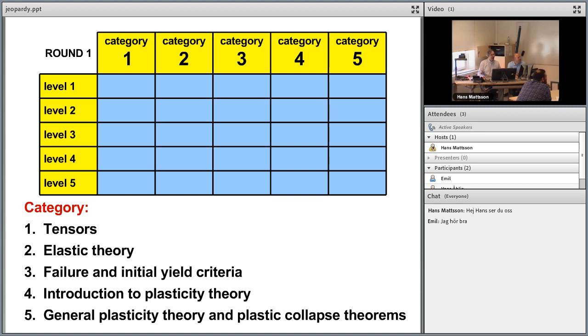Group 1, do you have an answer? What do you choose? Category 5, level 1, group number 1 is choosing. Then we do like this, and then we will go to the question, category 5, level 1.